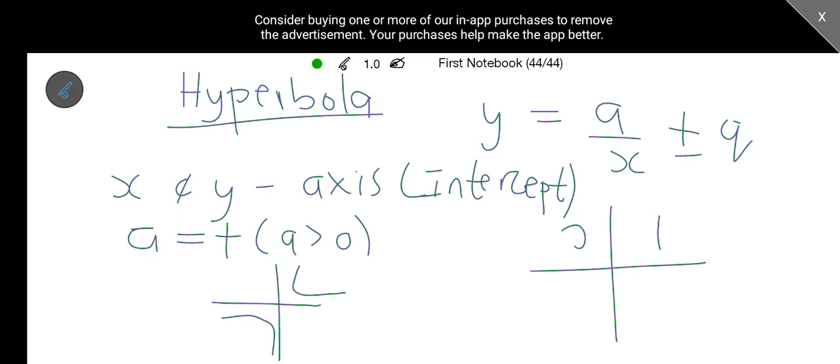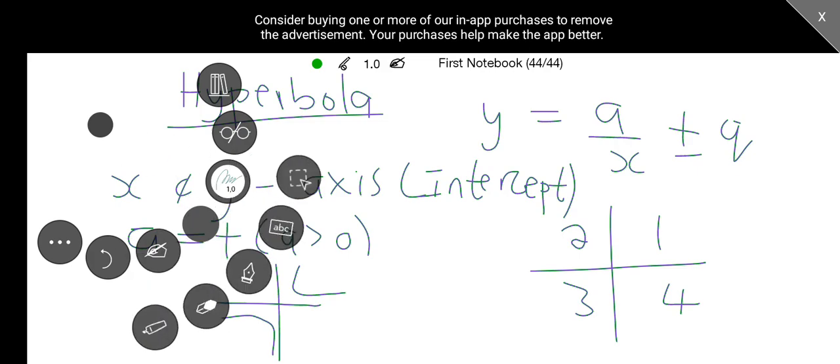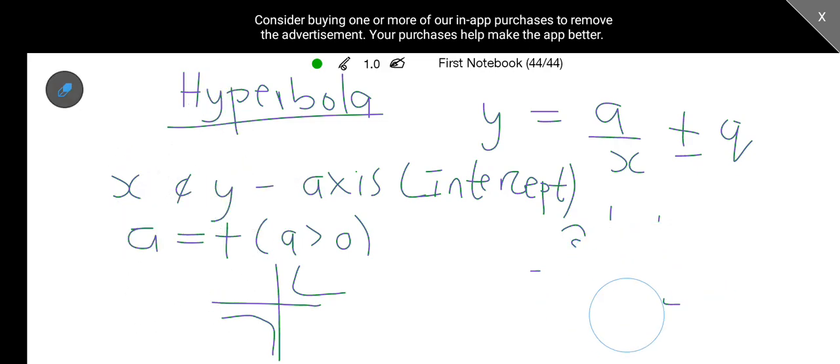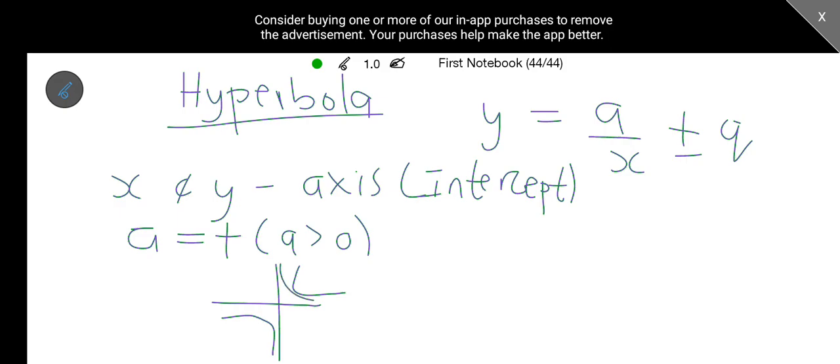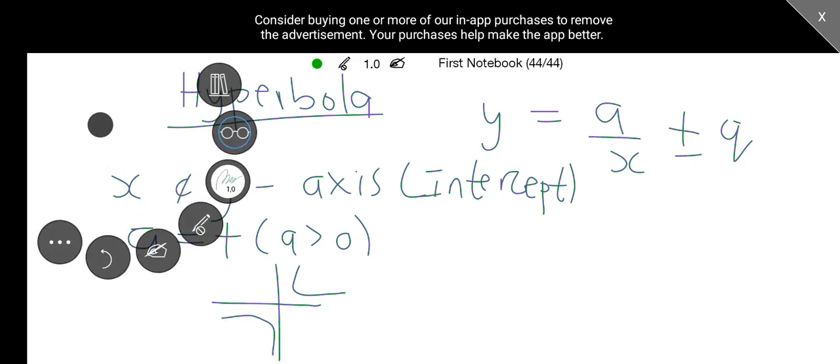It's 1, 2, 3, 4. So if a is positive, our graph will lie in this quadrant as well as this quadrant. That's quadrant 1 and quadrant 3. I hope it is clear.